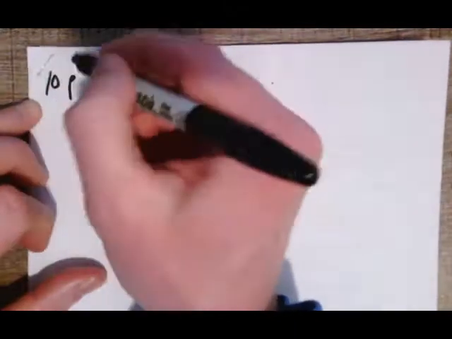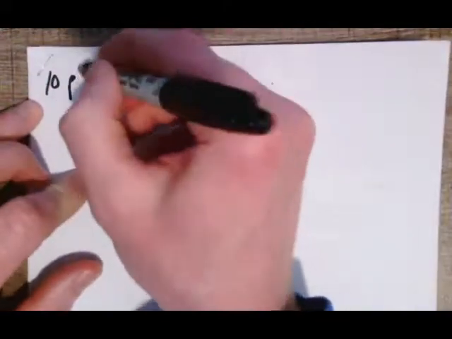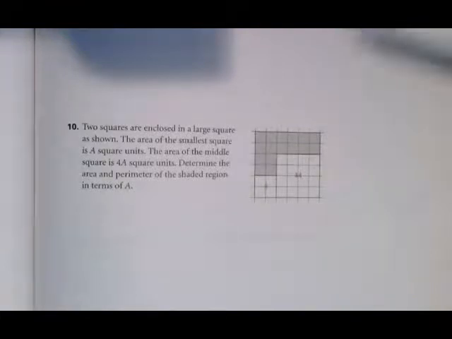Number 10 from page 117. Let's look at this. So this is what this thing looks like. It's probably a touch blurry for you. Better? All right. It says two squares are enclosed in a large square.